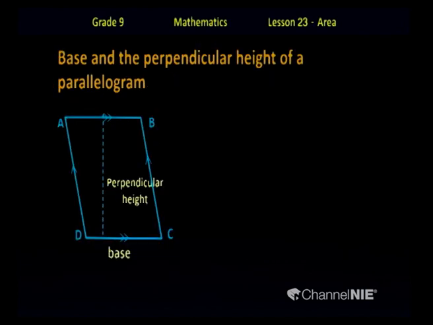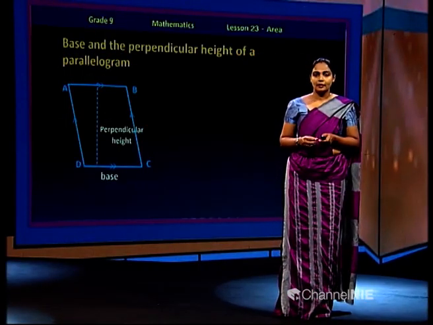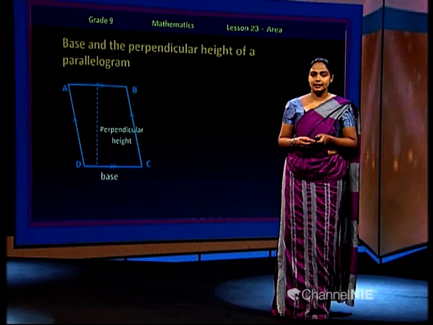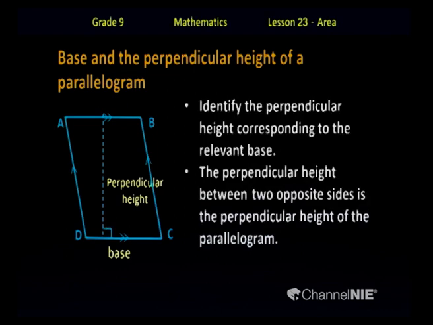Here we have to identify the base and perpendicular height of a parallelogram. For a parallelogram, there are 4 sides. Opposite sides are the same. They are equal in length. Then you can select any one as base. And here also you have to find out the correct perpendicular height. Here the base is DC, and the perpendicular height is drawn in this diagram.